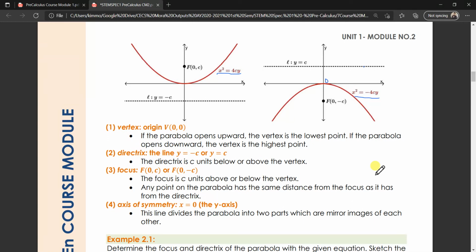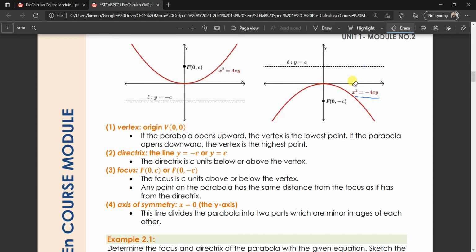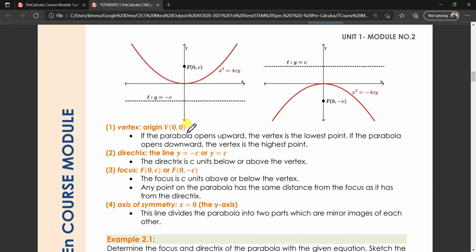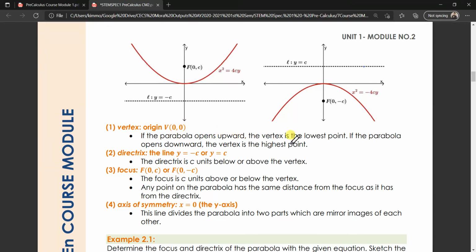Okay, so what can we draw from this parabola? So first, we have the vertex should be at the origin, or that is at 0, 0 nga coordinate. So if the parabola opens upward, the vertex is the lowest point. So kung pasaka daw ang atong parabola, ang vertex mao na siya ang kinaubsan nga point because it is located at 0, 0, di ba? So kung i-compare nimo diri nga point, mas taas siya compared sa vertex na to.